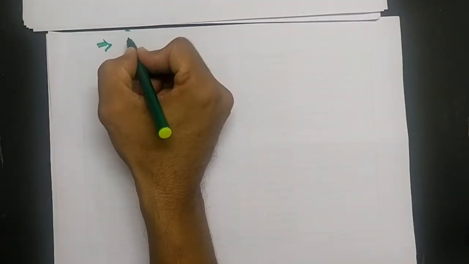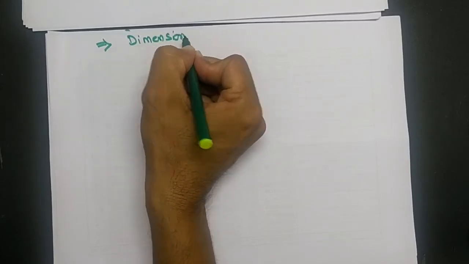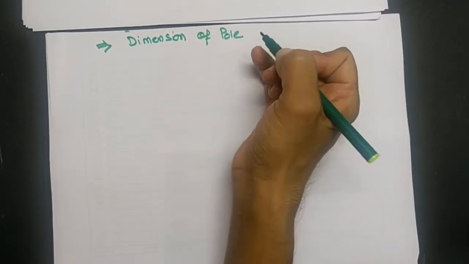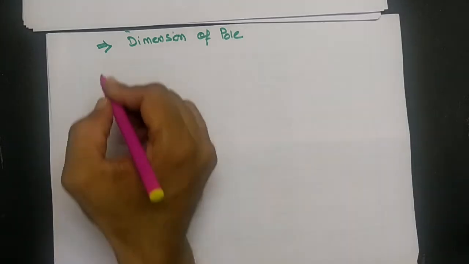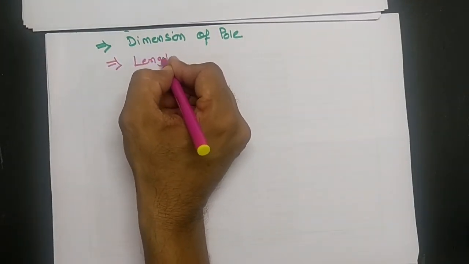While calculating the pole dimension, we need to calculate the length, width and height of the pole. In the dimension of the pole, we start with the length of the pole.